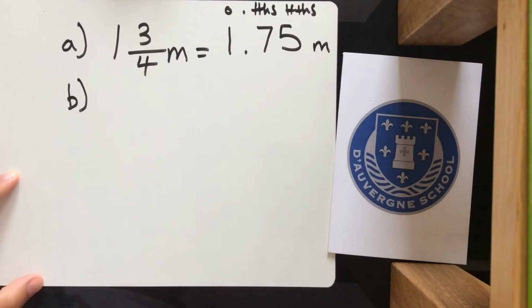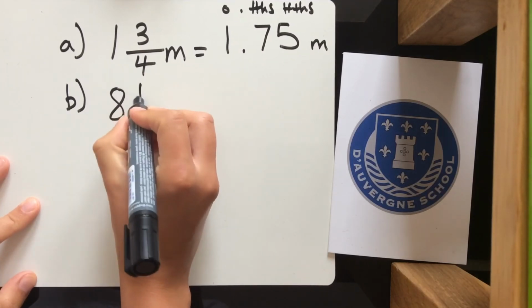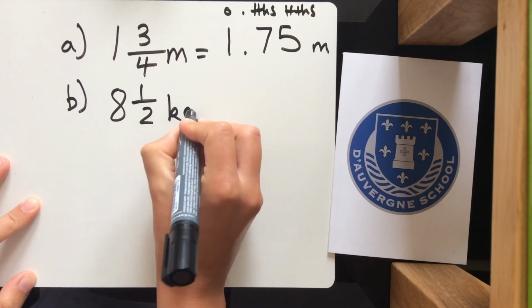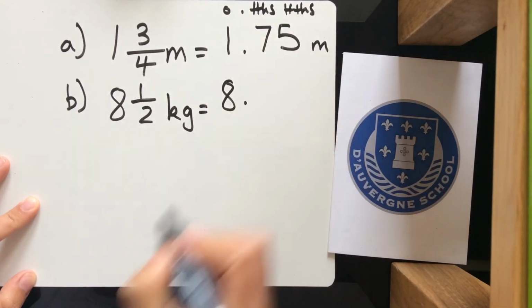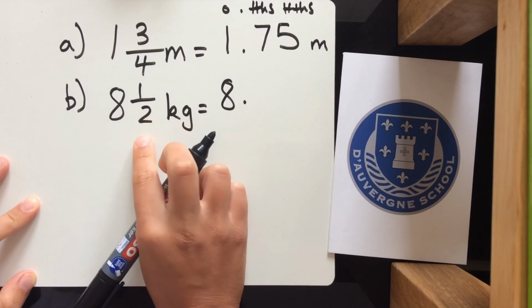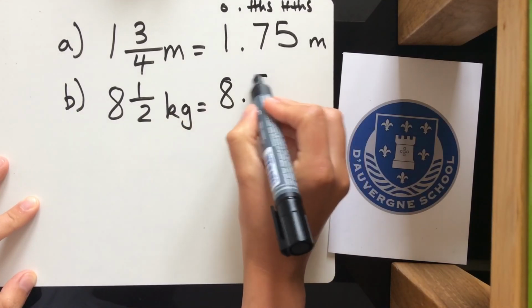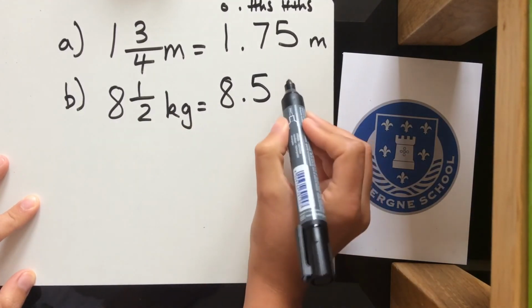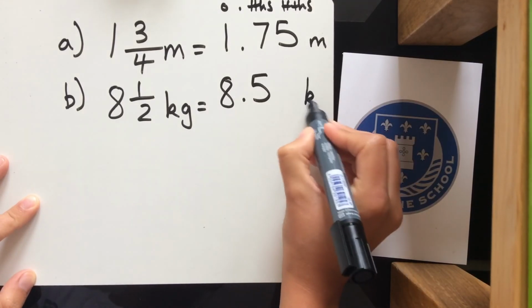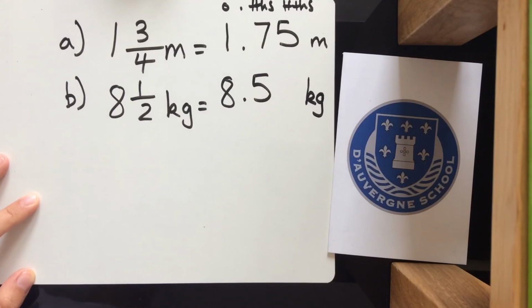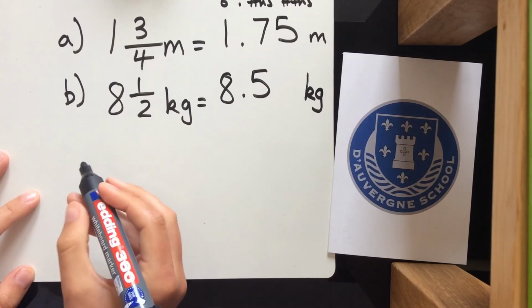B, we have 8.5 kilograms. So we know we've got 8 wholes, so that goes in our ones column, our decimal point, and half. We know that a half is a 5, okay? If you put in a 0 there, that's fine, but you don't need it. Your unit of measurement on the end, 8.5 kilograms.